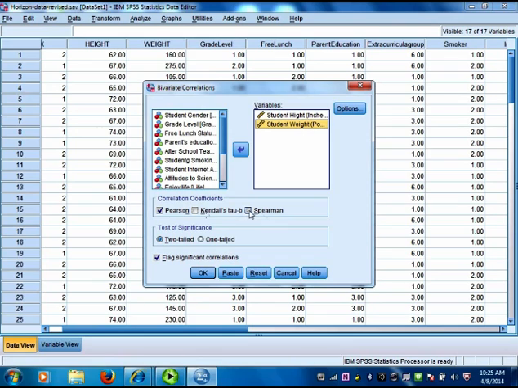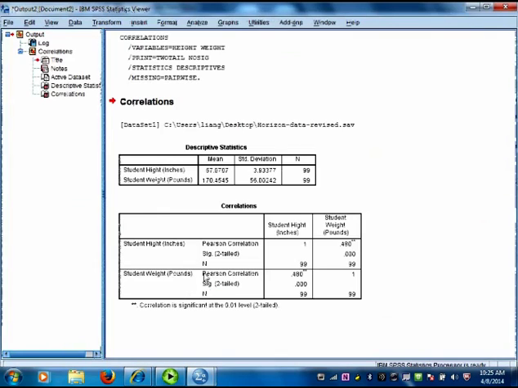And if both are ranking order variables like grade level and free lunch status, if you have ranking order ordinal data, then you need to use Spearman correlation coefficient. In this case, I'm using height and weight, which are both continuous variables, so I'm using Pearson, and I'll click on OK.